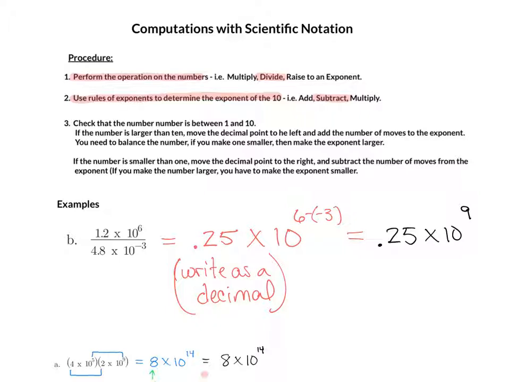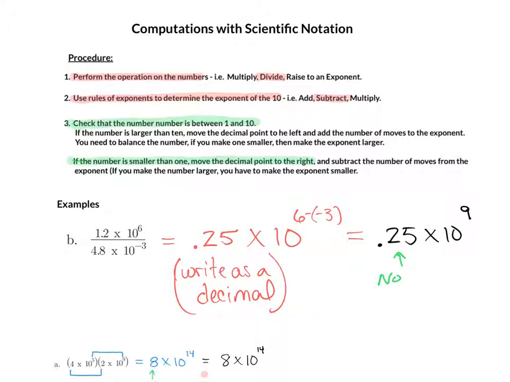Now we want to check that the number is between 1 and 10. Since this number is not between 1 and 10, we do need to do something else. So we want to go ahead and move our decimal point to the right.